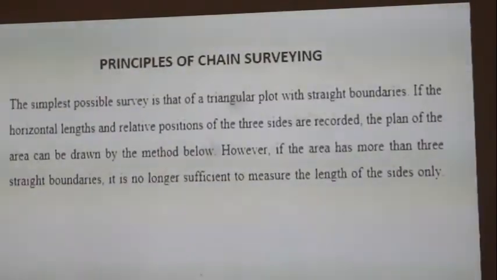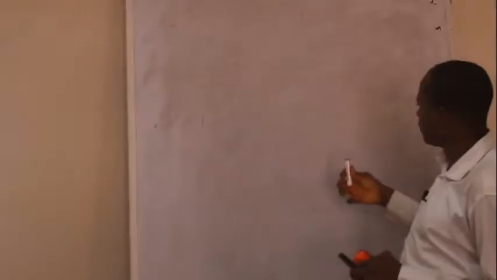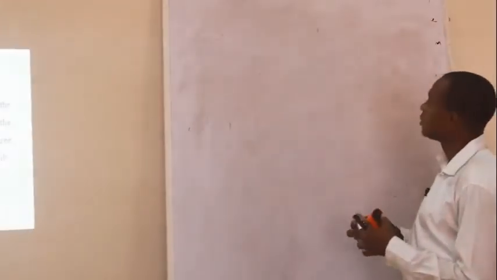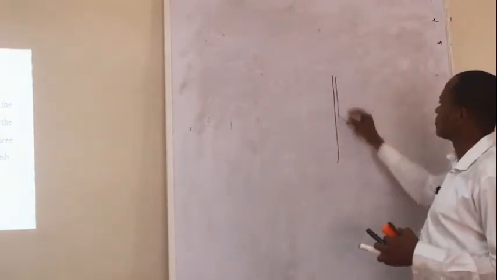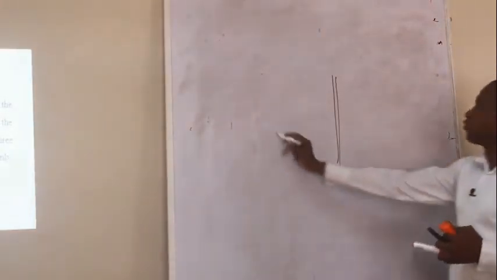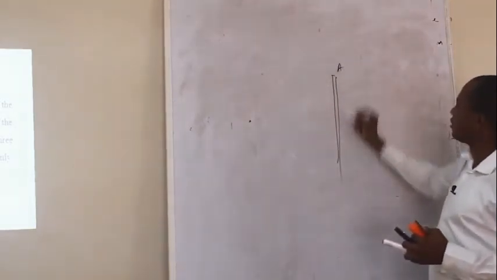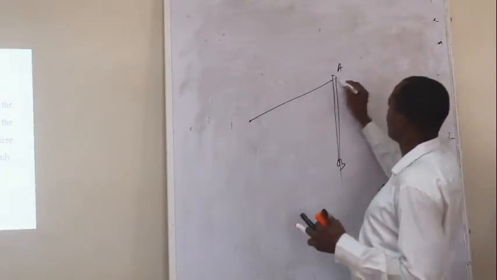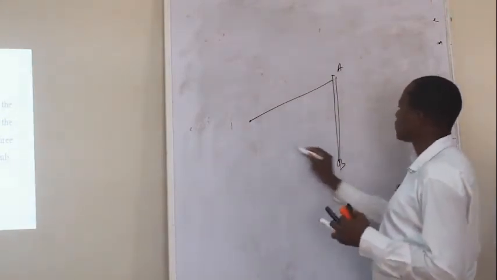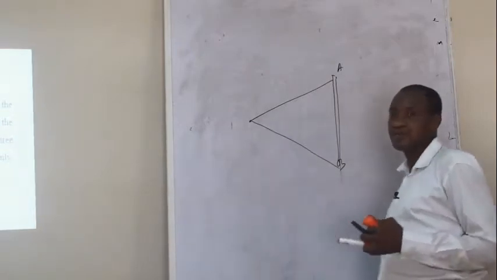So if three sides are recorded, then we can fix position. For example, this is a point, this is a line. You want to fix this position. This one is known, call it A, B. If it is possible for us to measure this on the ground, and it's also possible for us to measure this on the ground, this position can be fixed.